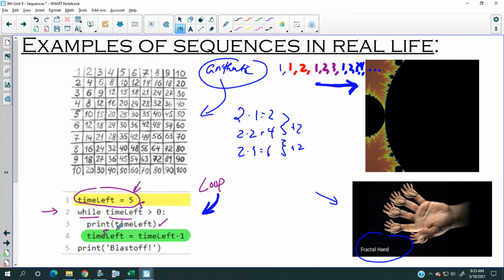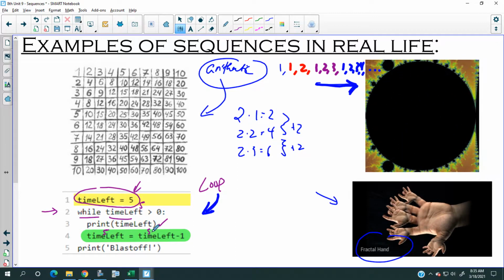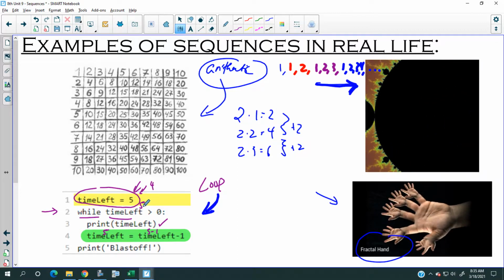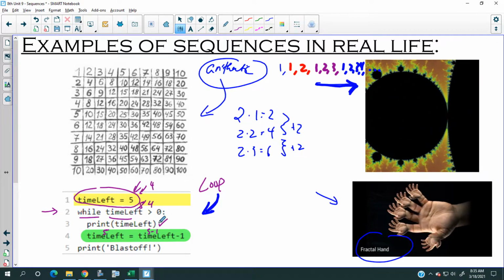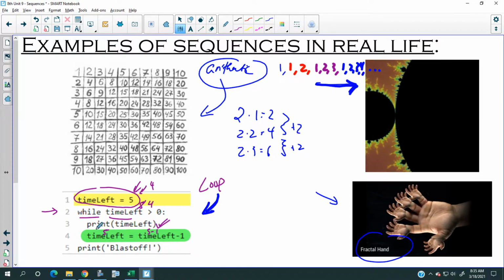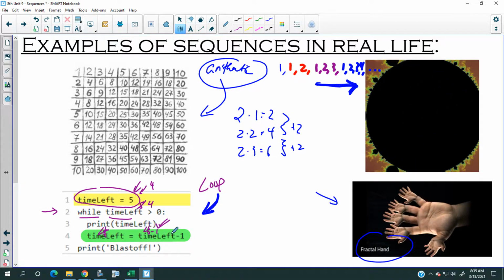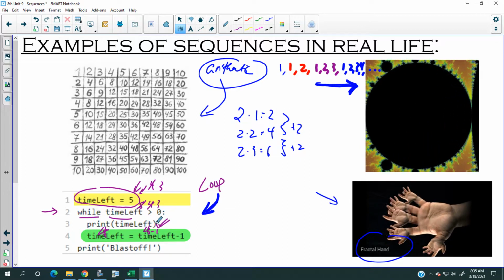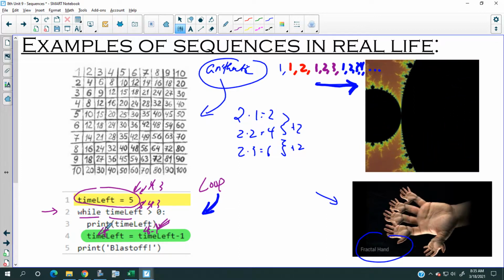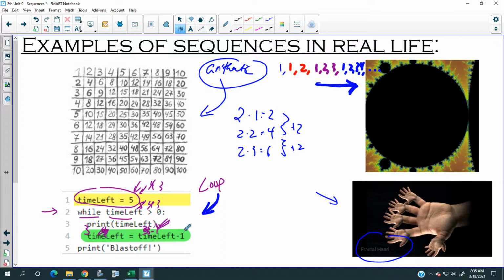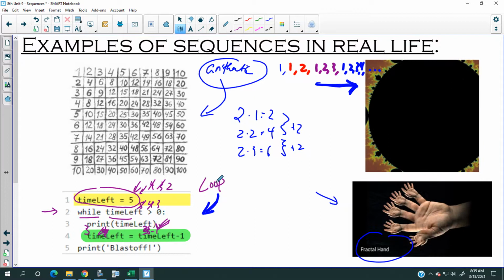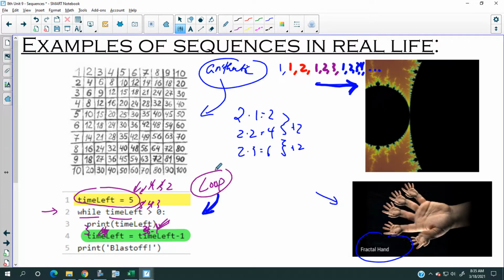So it's 5 minus 1, now it's 4, so time left is now 4. While 4 is bigger than 0, you print the time again, and then 4 minus 1 is 3, you print this again, and then 3 minus 1 is 2. You get it? I know it's very technically oriented.